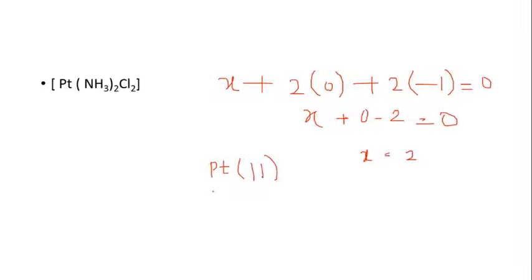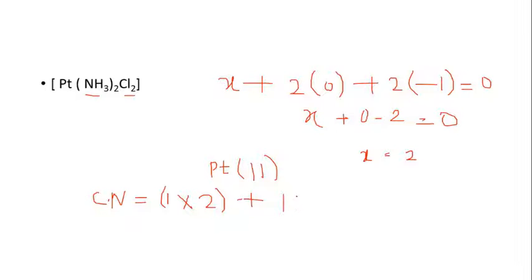Now coming to coordination number, in this example you have the ammonia ligand and the chloride ligand. Both are monodentate ligands. Monodentate means 1 into, because there are 2 ammonia, so 1 into 2. Then plus, you just keep these in brackets in order to avoid confusion, you have 2 chlorines.